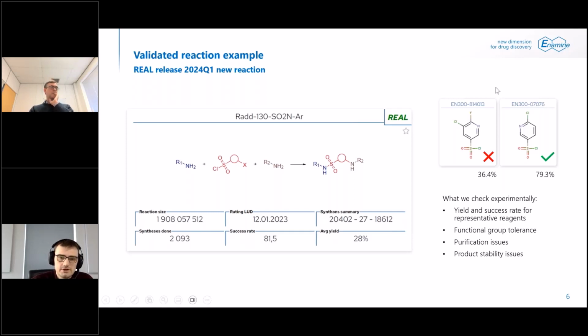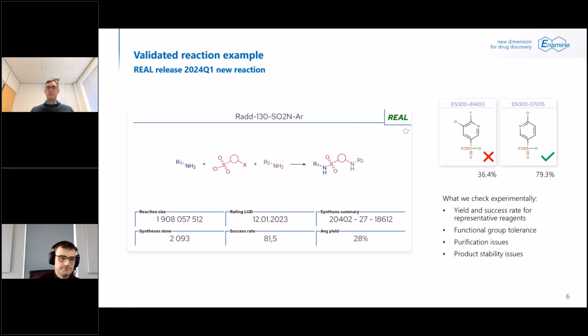And here is an example of 2 sulfonyl chlorides which were tested for this reaction. This one on the left showed only a low success rate of 36%, and it was discarded from the reaction. And this one on the right showed a good success rate of almost 80%, and it was included and is now a part of the reaction.